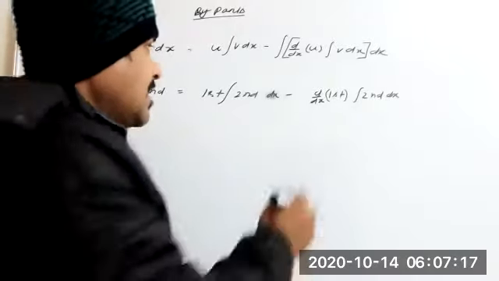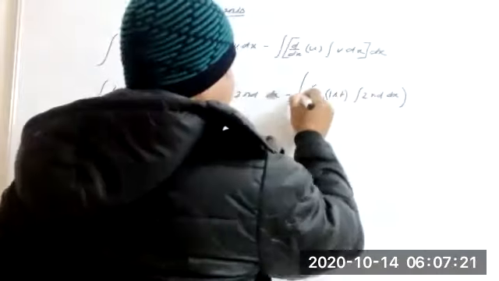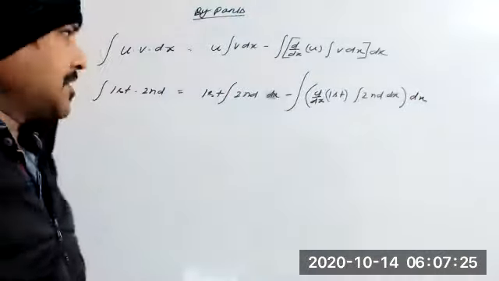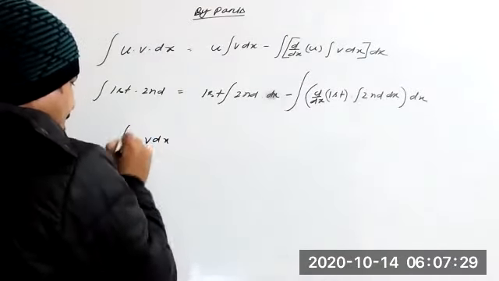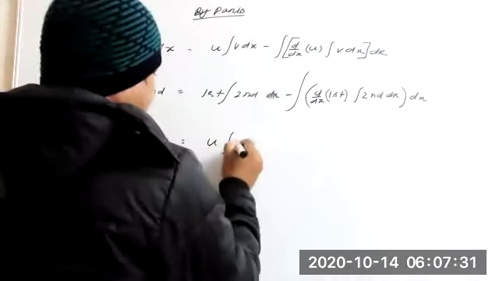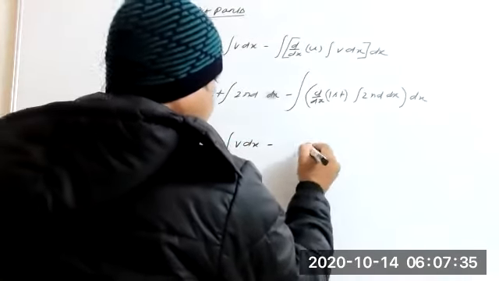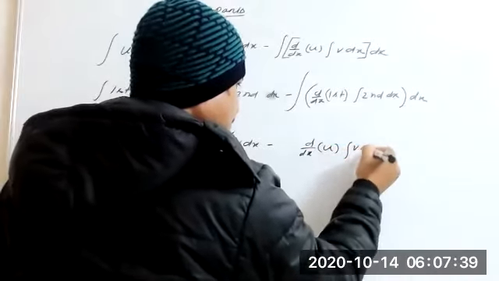Apart from that, you have to again find its integration. This is the formula. Here what is this? U into v means u into integration of v dx minus, right? It is d by dx of u into integration of v dx.